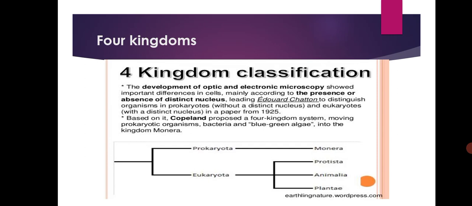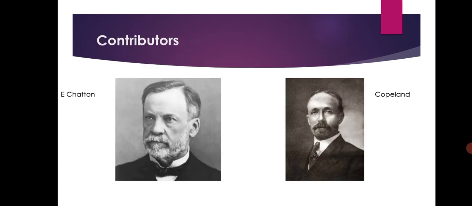Monera means very simple. So these were all simplest organisms which were classified in this kingdom Monera. This step was taken by Copeland. In this slide, the pictures of these renowned scientists can be seen.